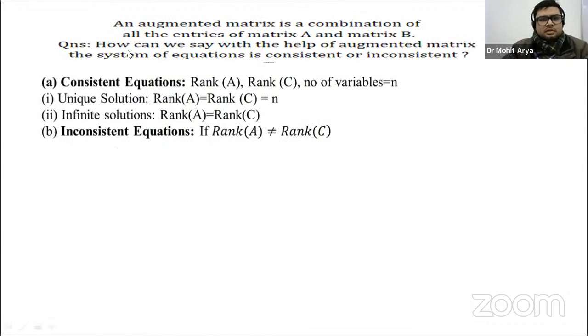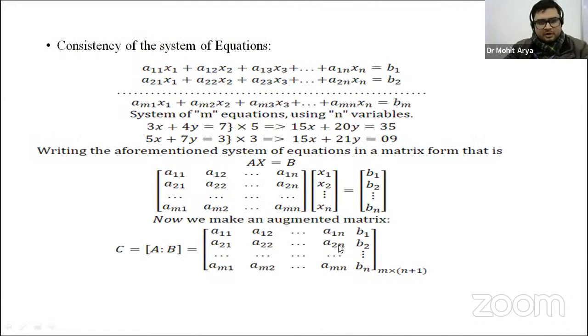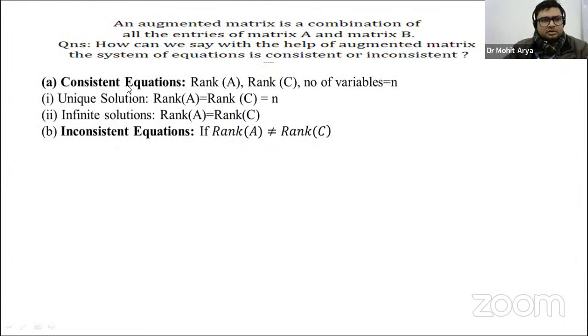So the point is that an augmented matrix is a combination of all the entries of matrix A and matrix B. Here we see that all the entries of matrix A we have taken here, and all the entries of matrix B we have also taken here. Now the question arises: how can we say, with the help of the augmented matrix, that the system of equations is consistent or inconsistent? The most relevant question.